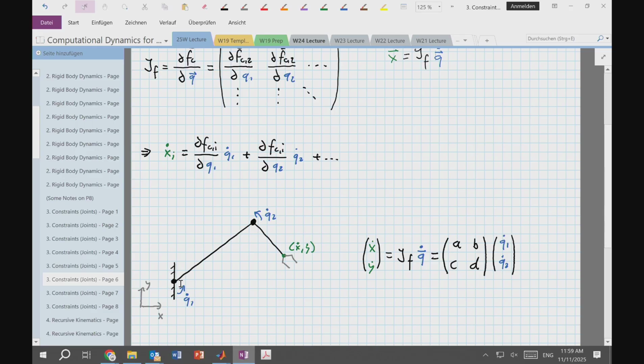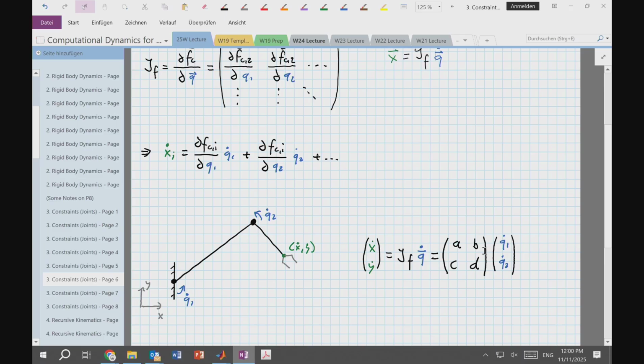So this joint is blocked, and q2 dot has unit velocity. So q2 dot is 1. Then the velocity that we get here is simply going to be b over d in a vector.